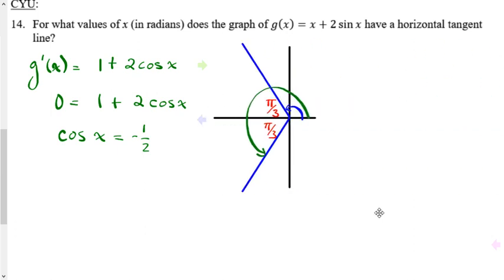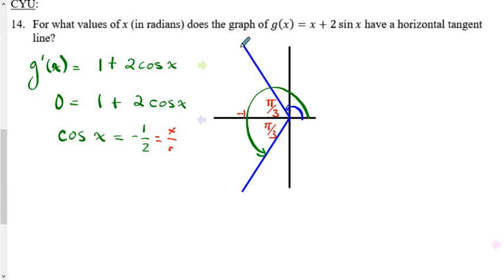So a couple of ways we could have done this. If you use the unit circle, then we're just looking to see where I have an x value of negative 1/2, and we're going to see that in the second and the third quadrant. Or you may remember that cosine is x over r. r is never negative, which means x is negative, which gives me a negative 1 here for this triangle.